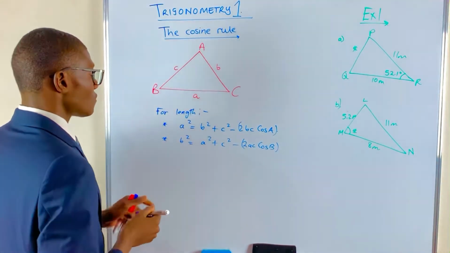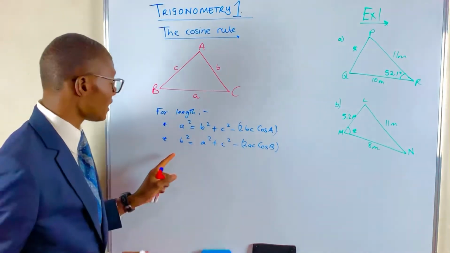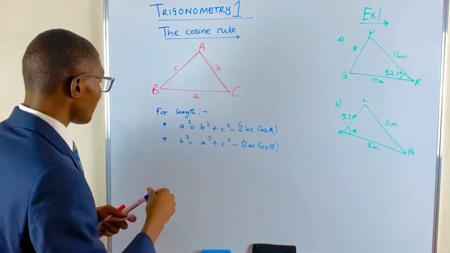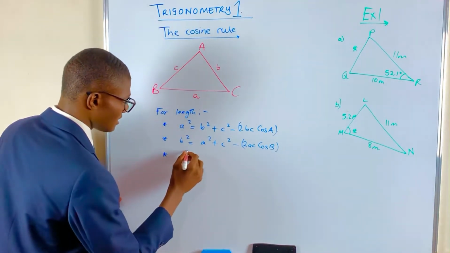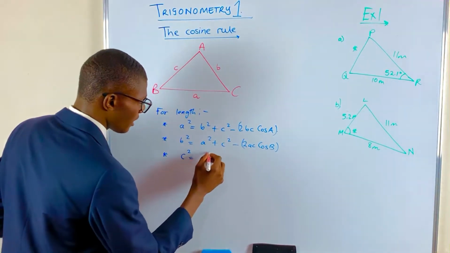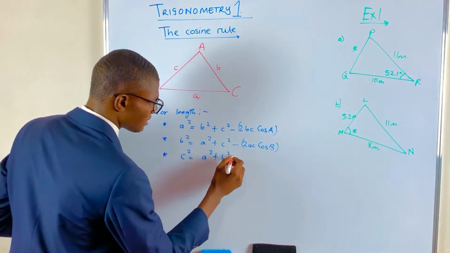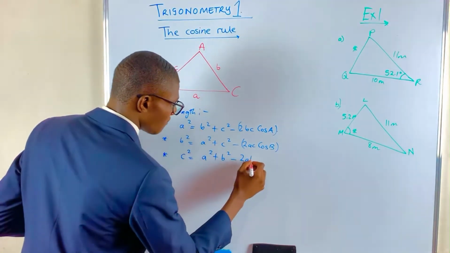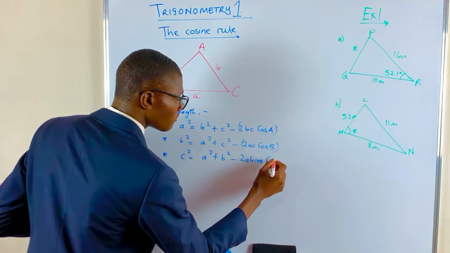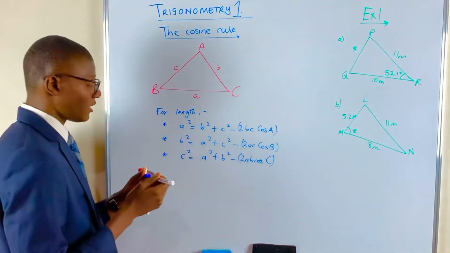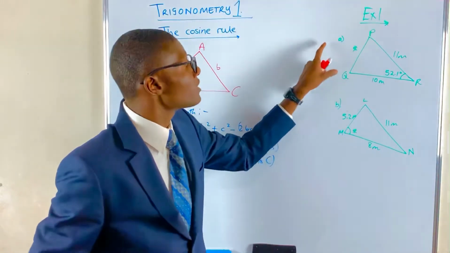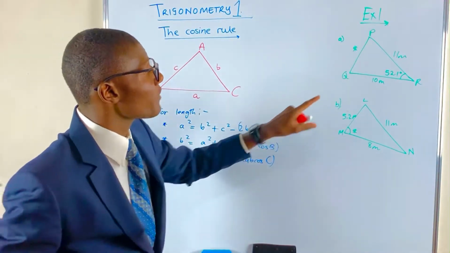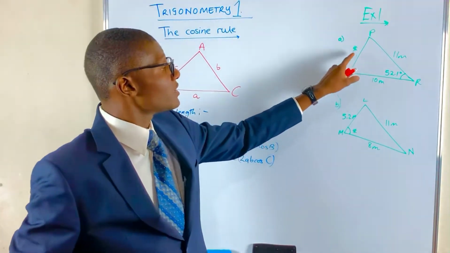And for calculating side C, we say that C squared is equal to A squared plus B squared minus 2AB cos of the angle C, like that.